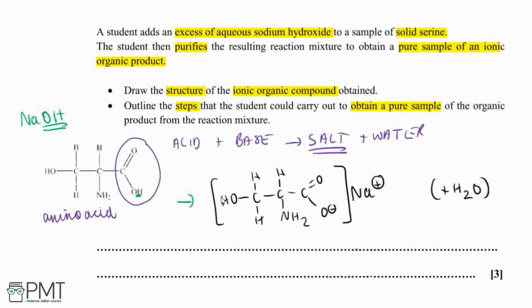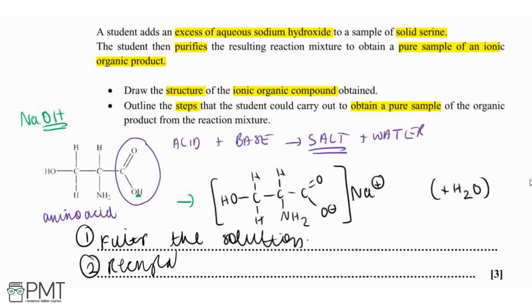So we're going to be making a salt solution because we've got this salt dissolved in this water. So what we can do in order to obtain a pure sample is we can filter the solution as our first step. And then once we've obtained our solid, we're going to want to recrystallize that.